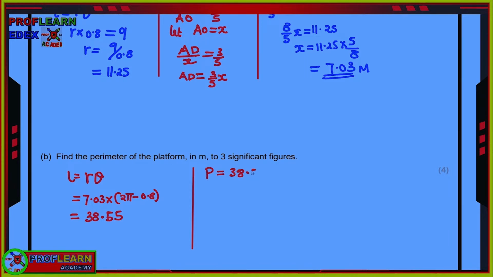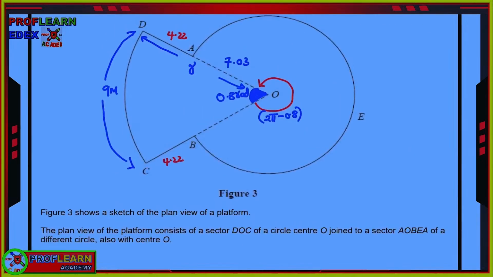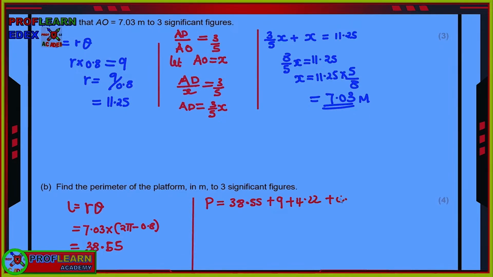Working the perimeter, we need to add the distance all round. Remember, the shape was like this, so we add this section, everything there, and including this one, so that we can get the total perimeter. Then we shall have our final answer translating to 55.99, which is approximately 56.0 meters, correct to 3 significant figures.